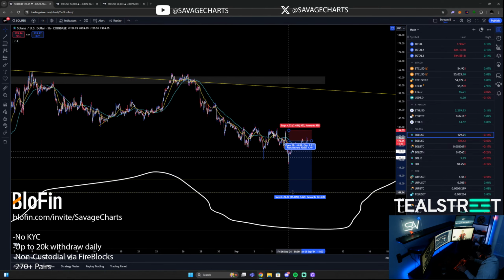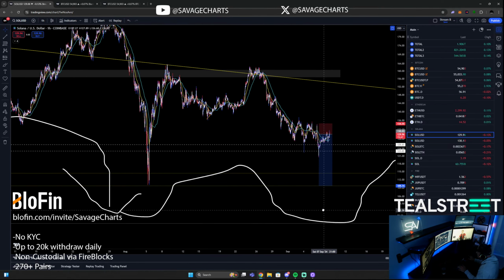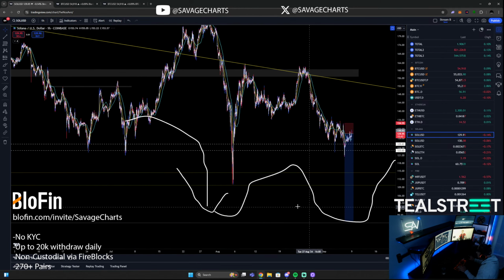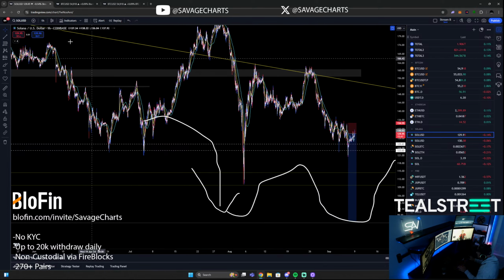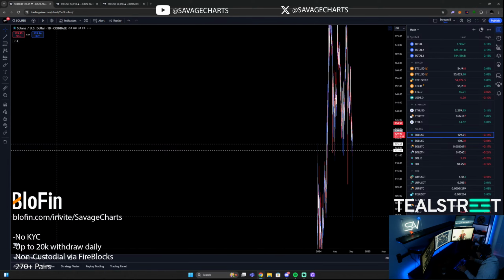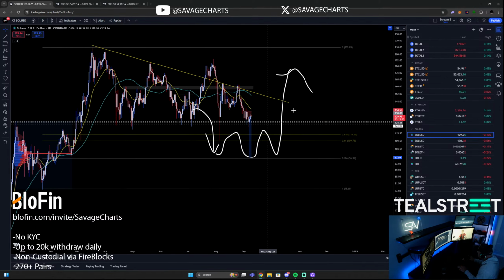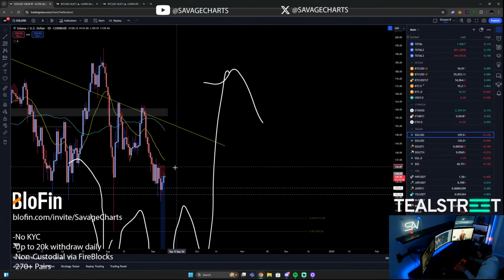I would definitely like to see the golden pocket, so TP there, but it certainly could run to that 786, which is $97. Solana could run pretty deep here. Could go all the way down to this node, which would be around $99. I think that's your best risk on return.